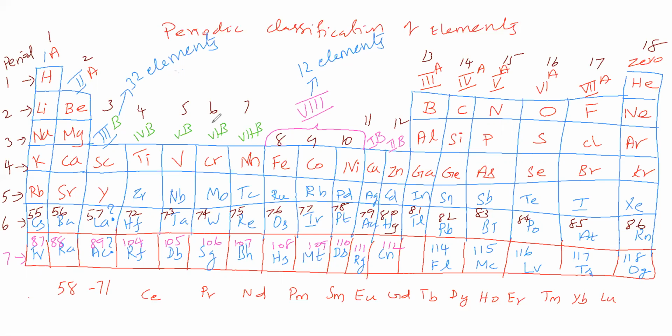Next, in the 7th period, 89 to 104: after 89 comes 90, and before 104 comes 103.